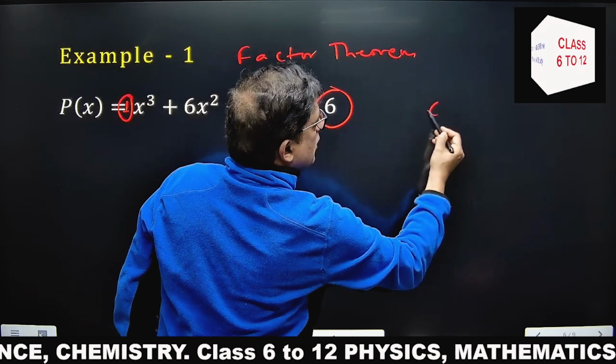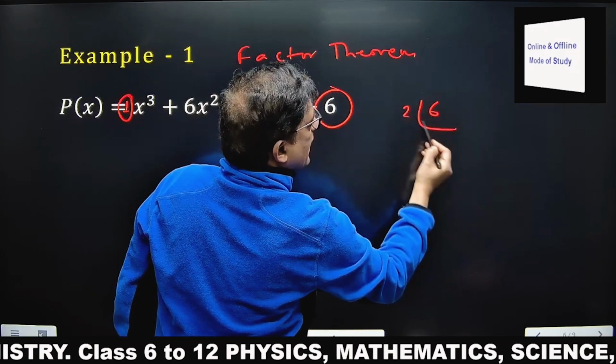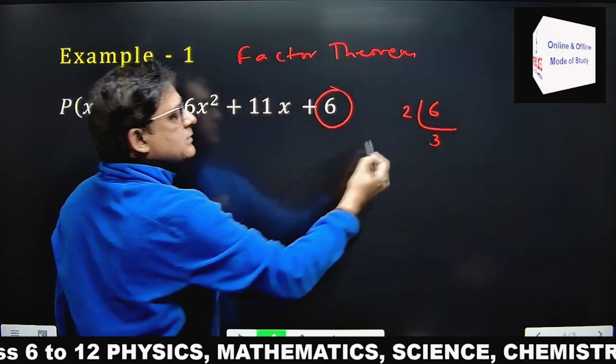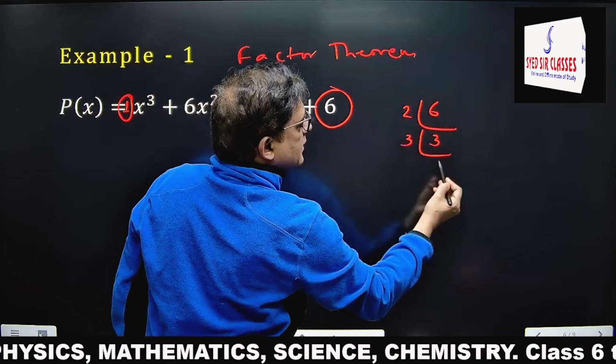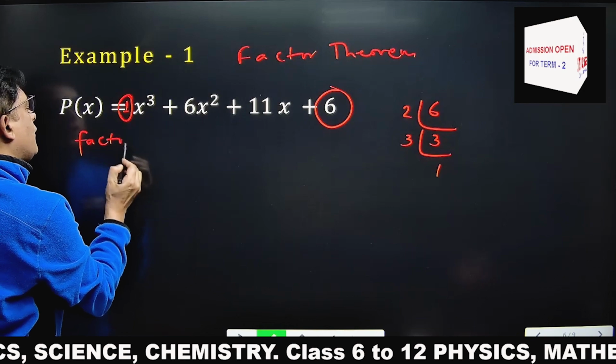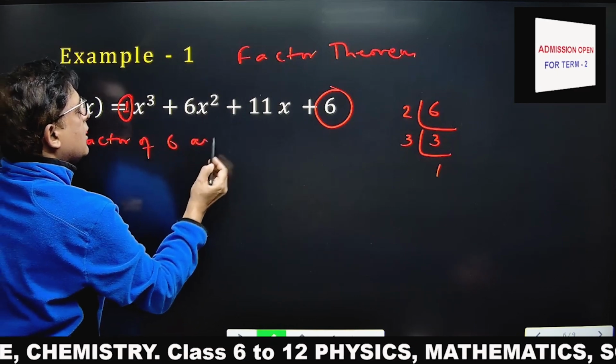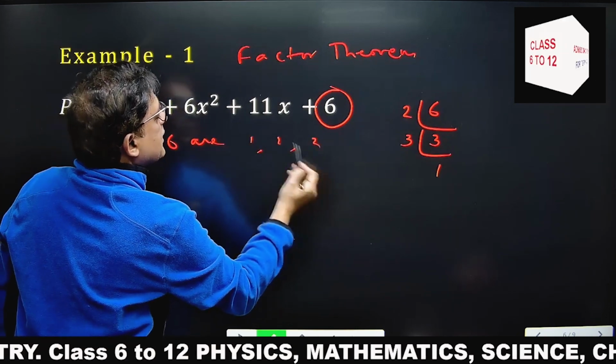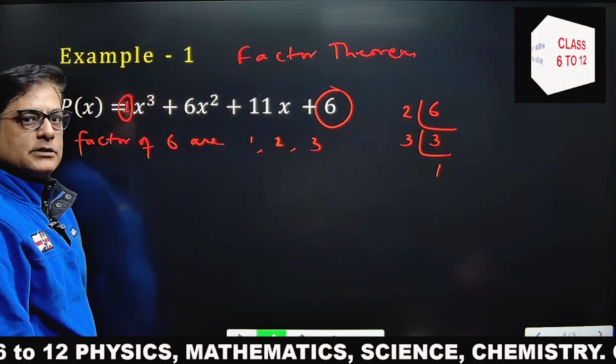फैक्टर कर लेते हैं बच्चों, what is it, 2 and 3, these are the factors, and this is simply 1. So factors of 6 are 1, 2, 3, these are the factors.